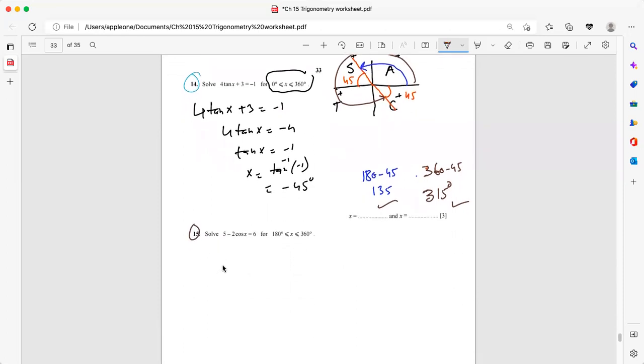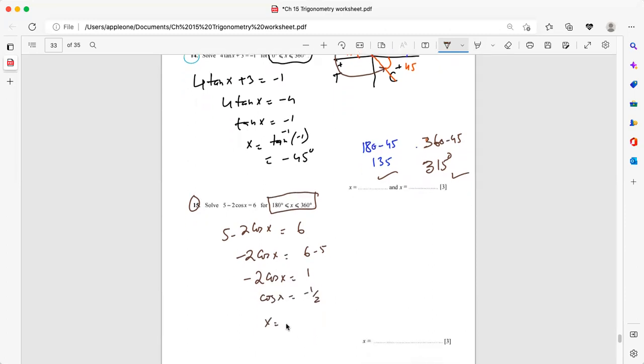Question 15 is solve 5 minus 2 cos x is equal to 6. So minus 2 cos x is equal to 6 minus 5. And the answer should be in this range, 180 till 360. So minus 2 cos x is 1. So cos x is minus 1 upon 2.